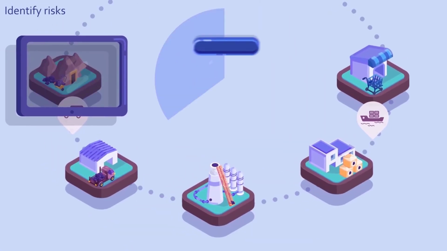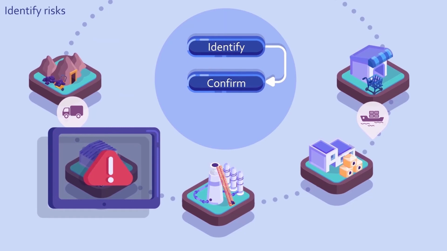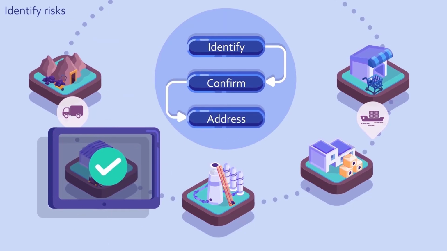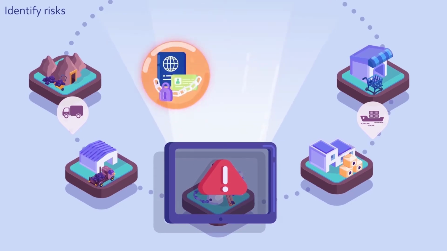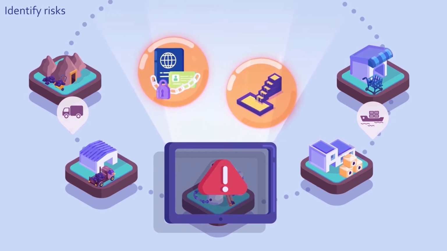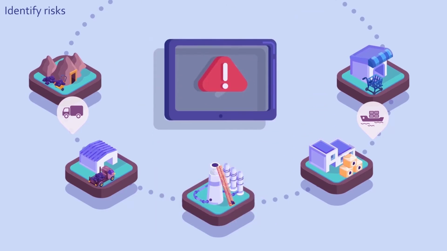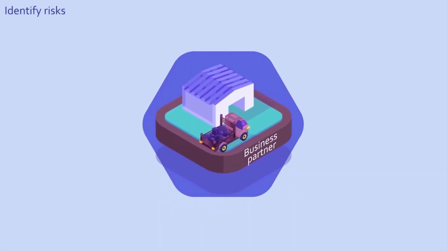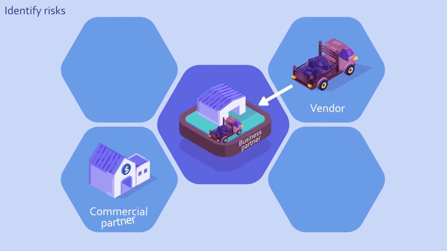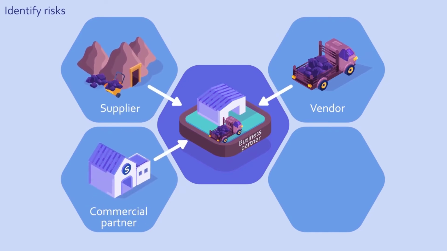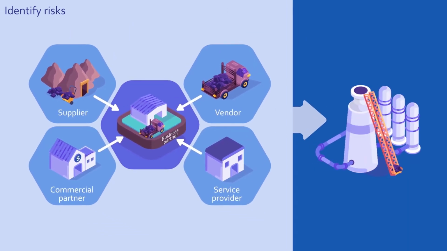Develop a process to identify, confirm, and address the risks in your operations and your supply chain. The risks could be within your own operations, like your offices or manufacturing facilities. But they could also happen in your business partners' operations. Risks could be happening with vendors, commercial partners, or suppliers, as well as their suppliers, subcontractors, or service providers.